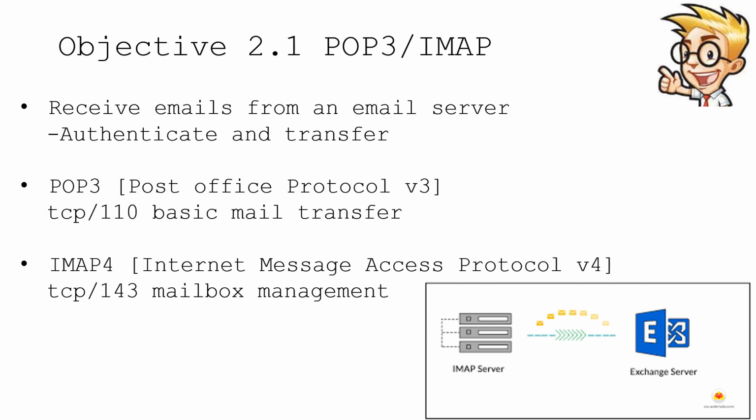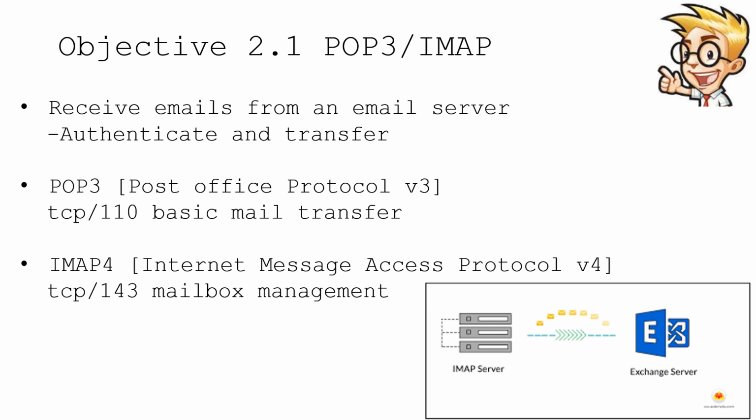We mentioned earlier that sending email messages can use SMTP, or the Simple Mail Transfer Protocol, but to receive email messages you would need to use POP3 or IMAP. POP3 is the Post Office Protocol version 3, and it commonly uses TCP port 110. POP3 was designed to retrieve email messages to an email client, but wasn't built for multiple email clients.